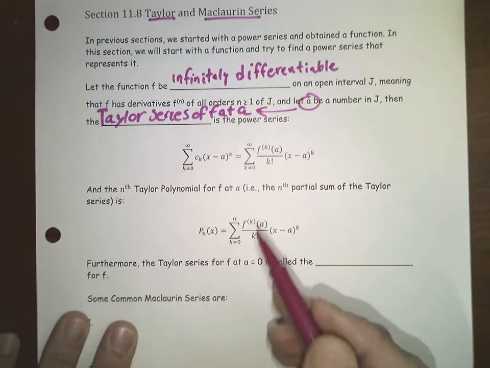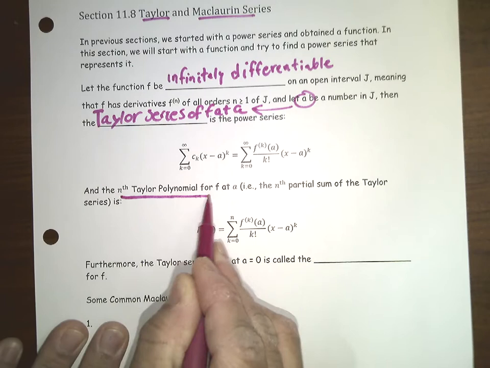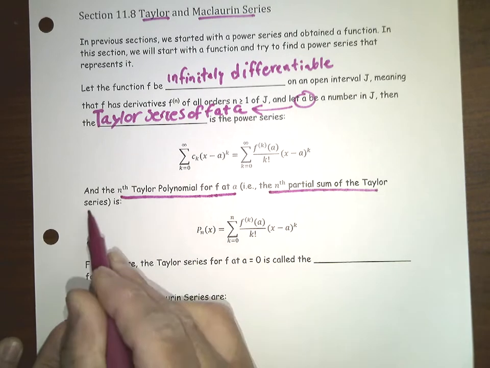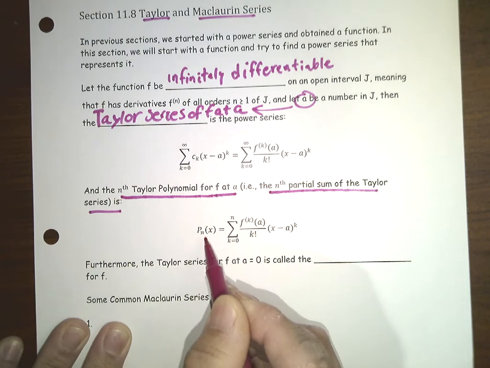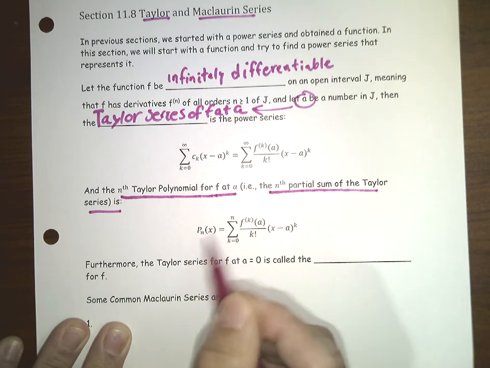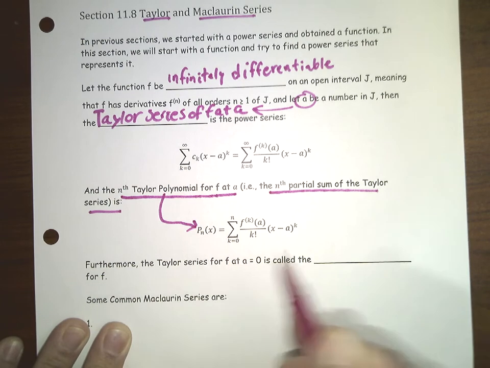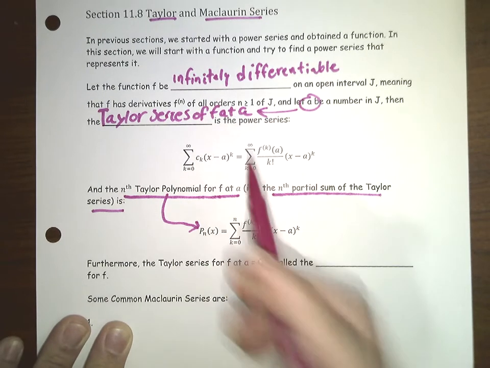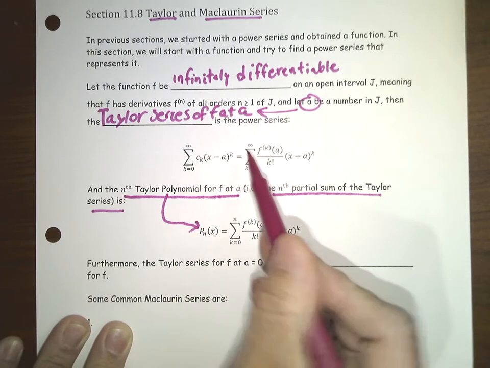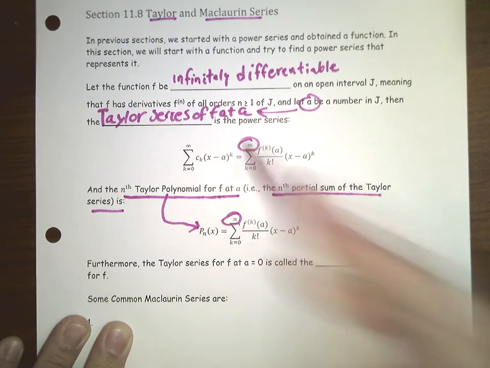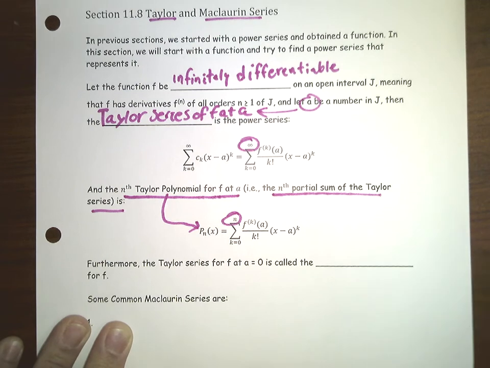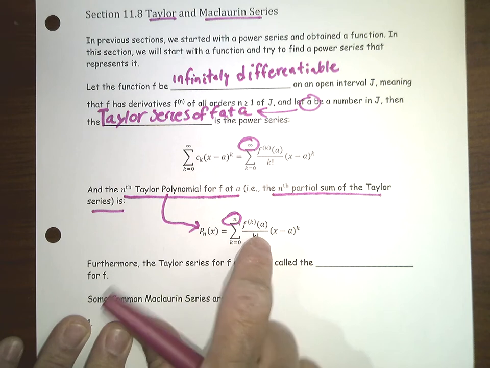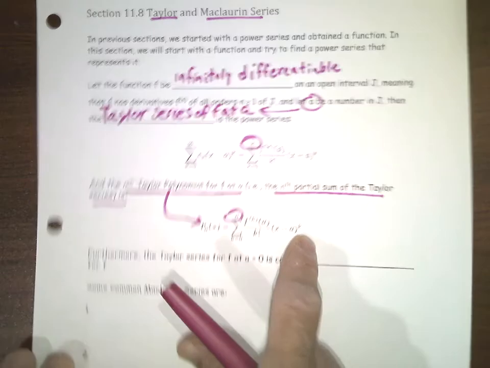So then the nth Taylor polynomial for f at a is the nth partial sum of the Taylor series. And so that's P_n(x). So P for polynomial, all right, is the sum k equals 0 to n. So instead of going from 0 to infinity, we're going to n of the kth derivative evaluated at a over k factorial times (x minus a)^k.